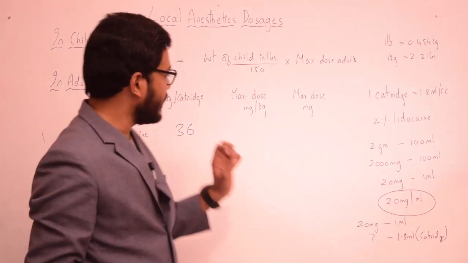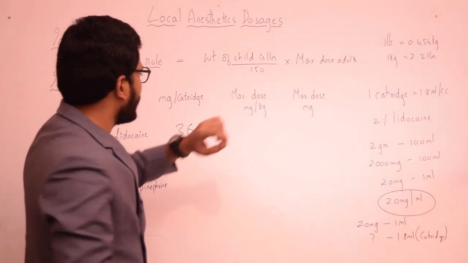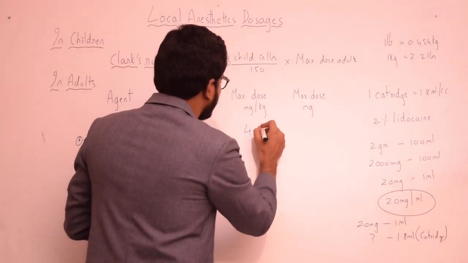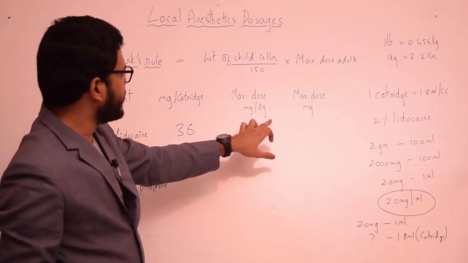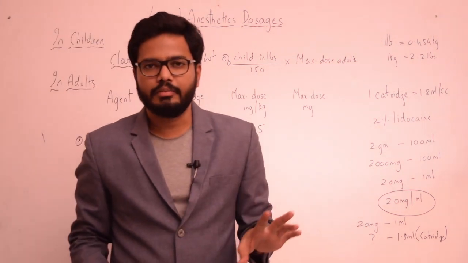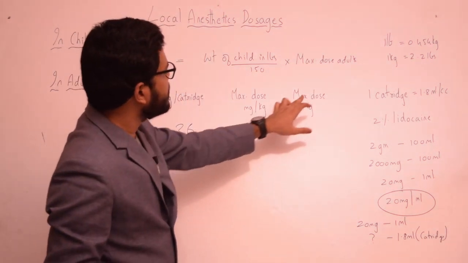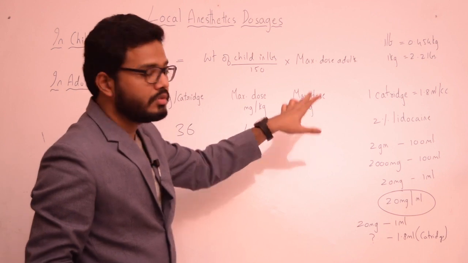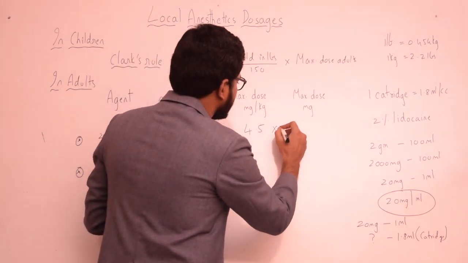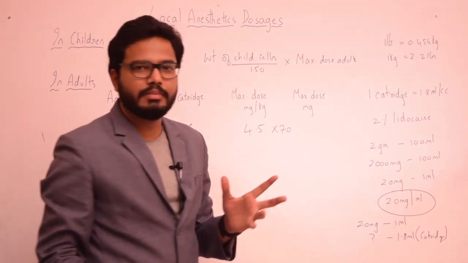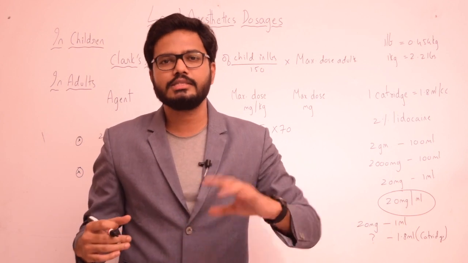Hope it's clear. And the maximum dose in milligrams per kg body weight is 4.5. So 4.5 milligrams per kg body weight can be safely administered to a normal adult. For the maximum dose in milligrams in an adult, we need to multiply this with 70 kgs, because as I mentioned previously, the average weight of an adult is considered as 70 kgs.